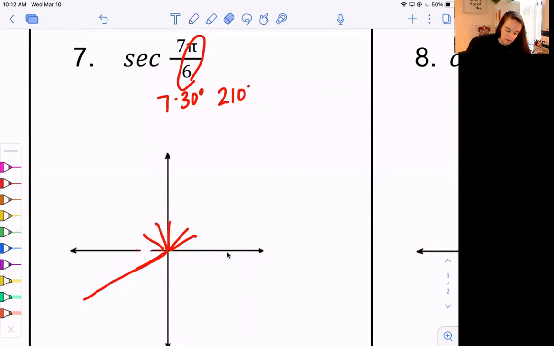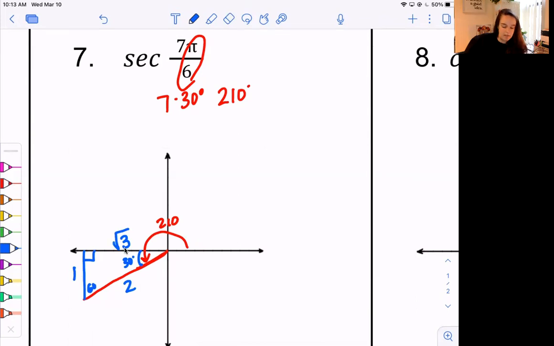This is my 210 degrees. When I draw my triangle straight up, my reference angle is going to be 30. This distance right here is 30, which makes this one 60, and a right angle. So I have 30, short side is 1, long side, hypotenuse is 2. We have square root of 3 here.